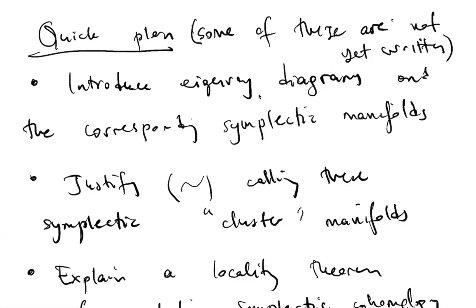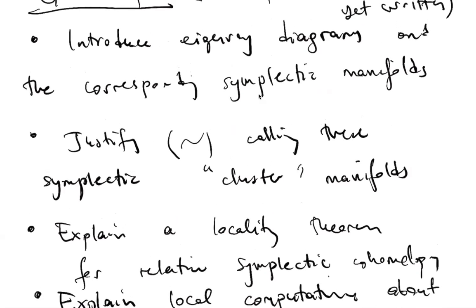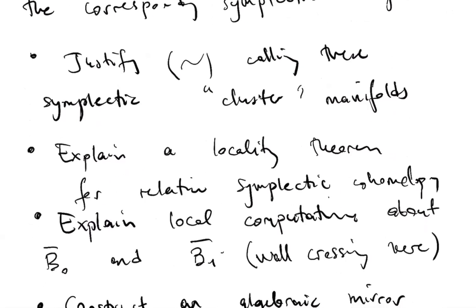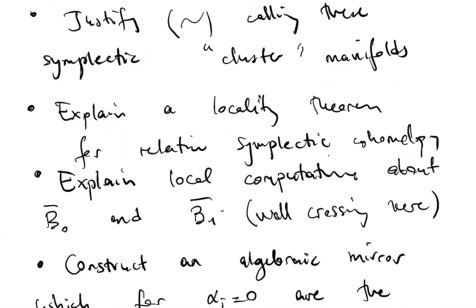These are not new manifolds that I invented. I'll tell you what might be new. And I will represent these symplectic manifolds by certain combinatorial pictures, which I will call Eigenray diagrams. So I'll introduce these notions and maybe justify a little bit why I call them cluster manifolds.